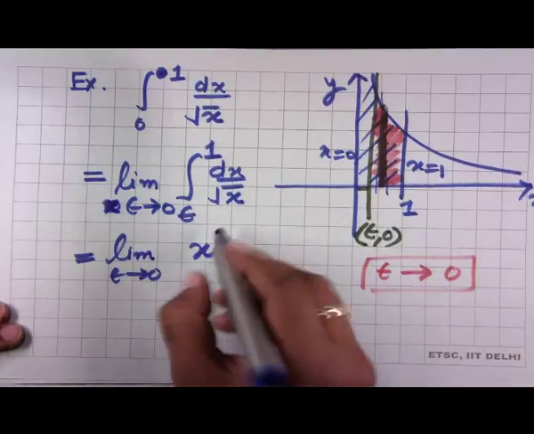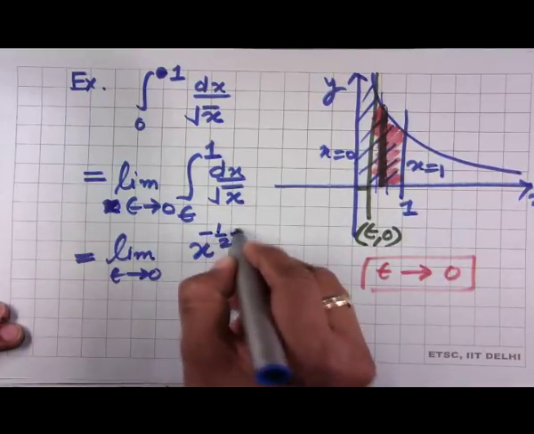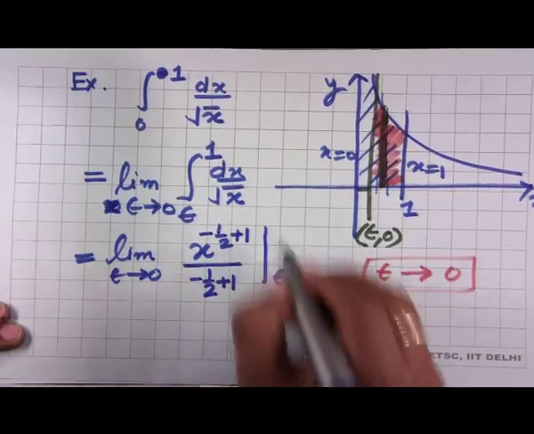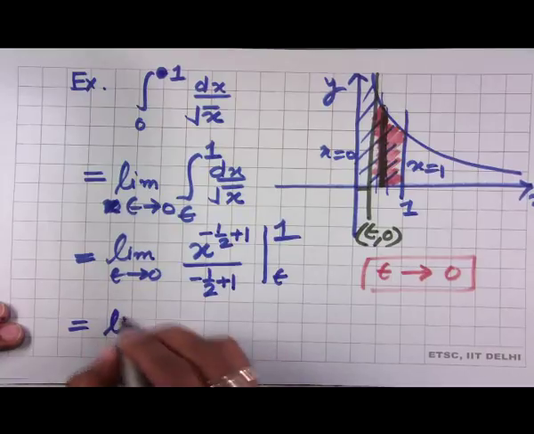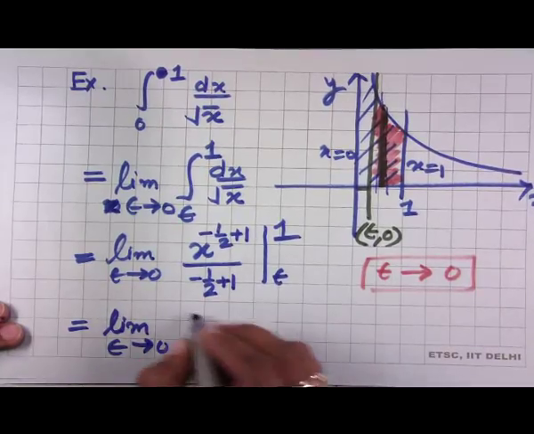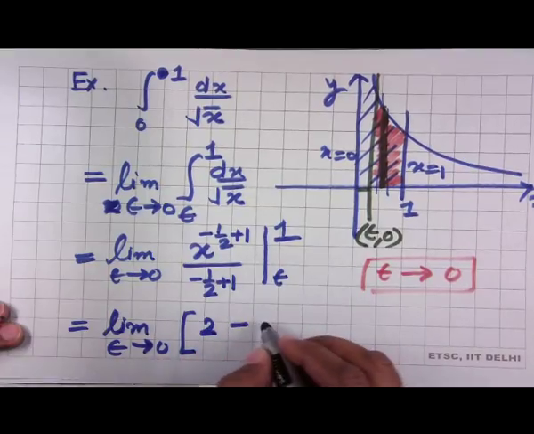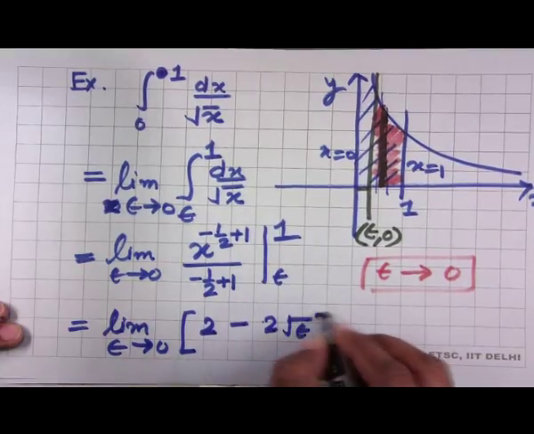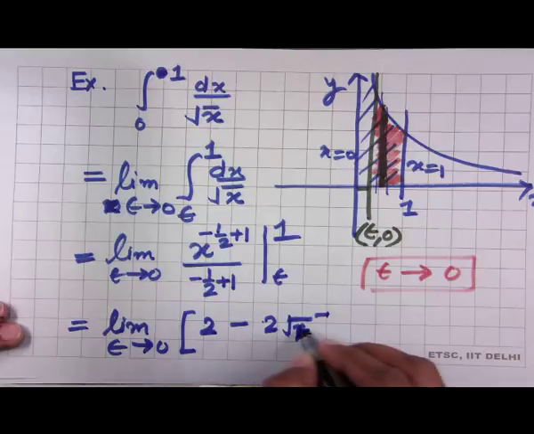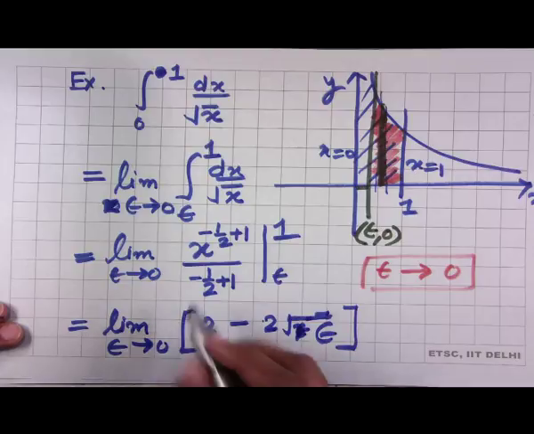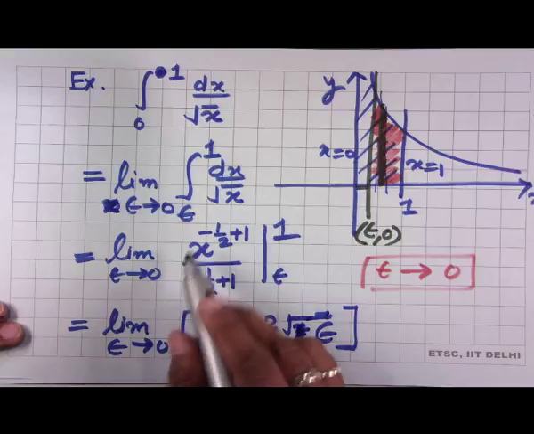So, you can apply the fundamental theorem of calculus, and write the value from epsilon to 1, which gives you 2 minus 2 root epsilon, since the antiderivative is 2 under root x.